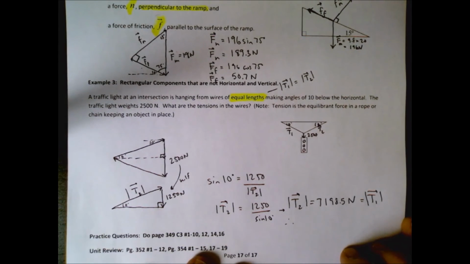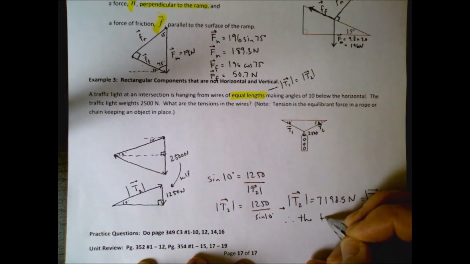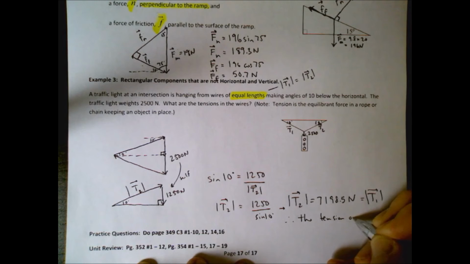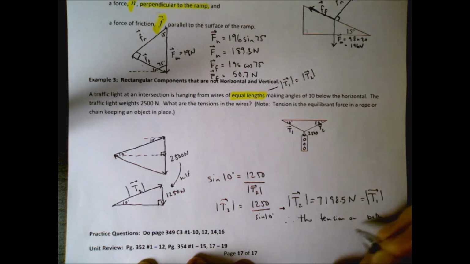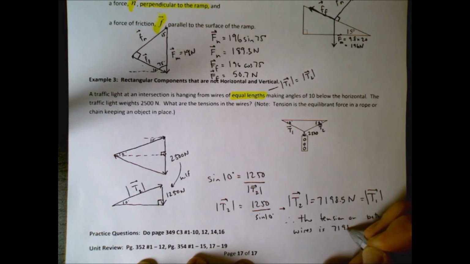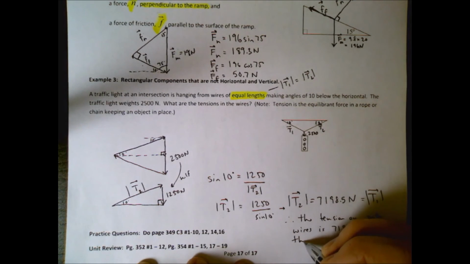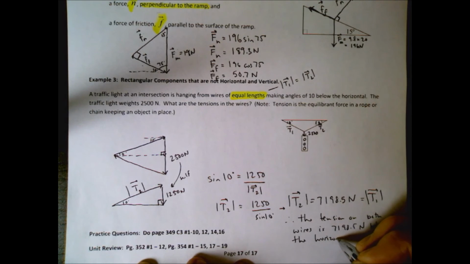Therefore, the tension on both wires is 7,198.5 newtons. Below is horizontal.